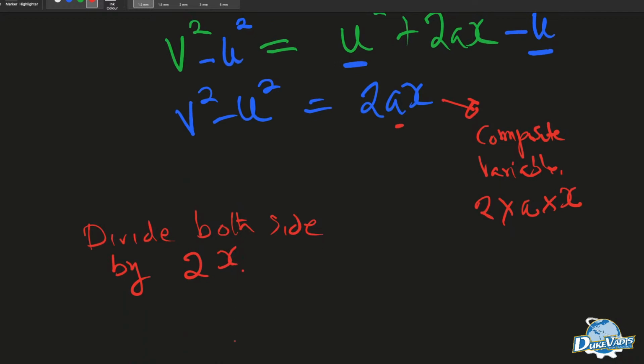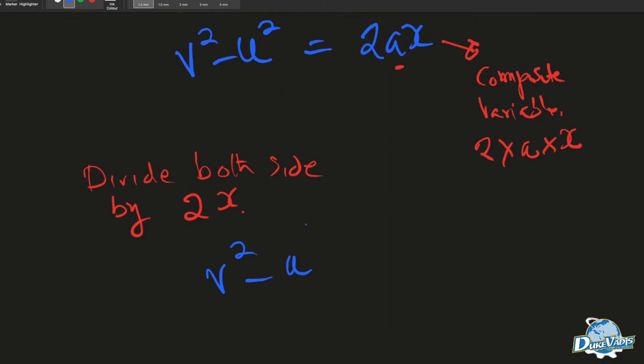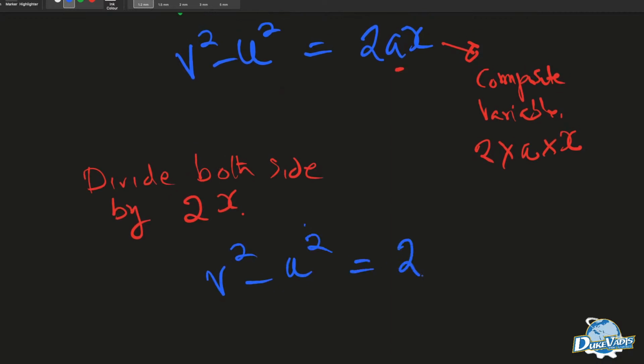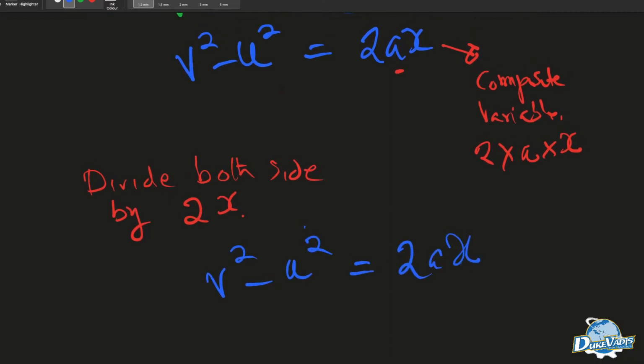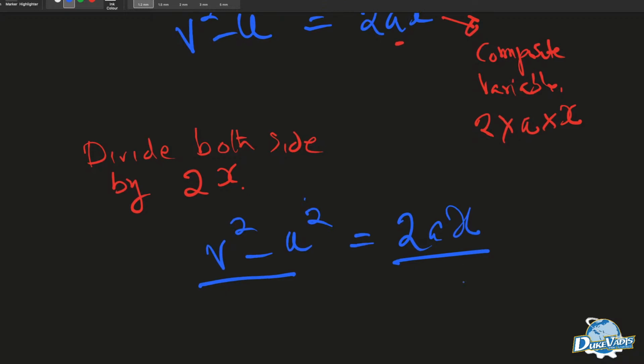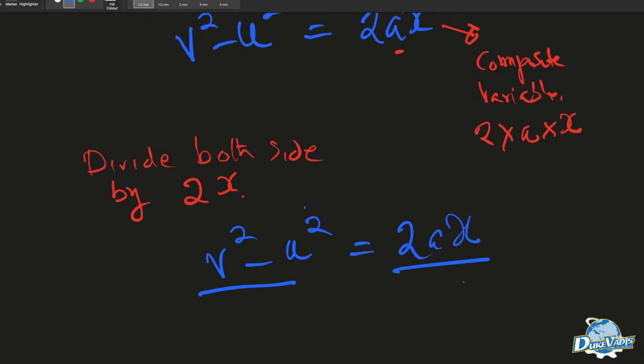So we know that what we do to the left-hand side, we have to do the same to the right-hand side. So v squared minus u squared is equal to 2ax. We are going to divide by 2x, the left-hand side by 2x, the right-hand side by 2x.